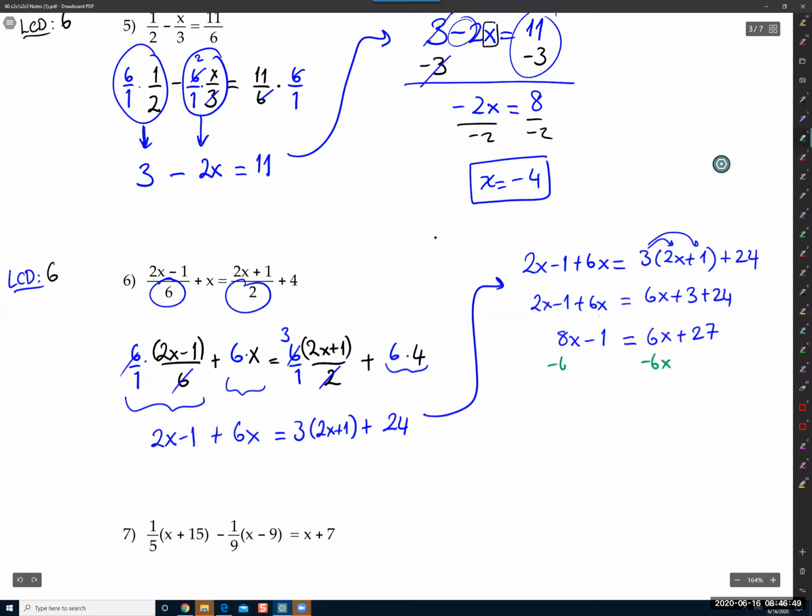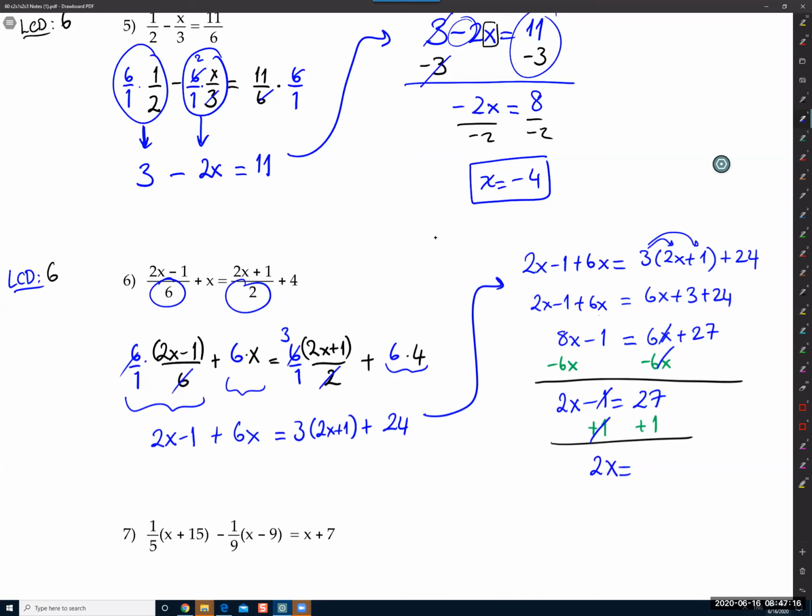So I subtract 6x from both sides. Therefore, that's going to be 2x minus 1, and these 6x are gone. What's left is 27. Then I need to move the constants to the other side by adding 1 to both sides of the equation. That turns out to be 2x, these are gone. What's left on the left-hand side is 2x equal to 28. By dividing both sides by 2, I get x equal to 14.